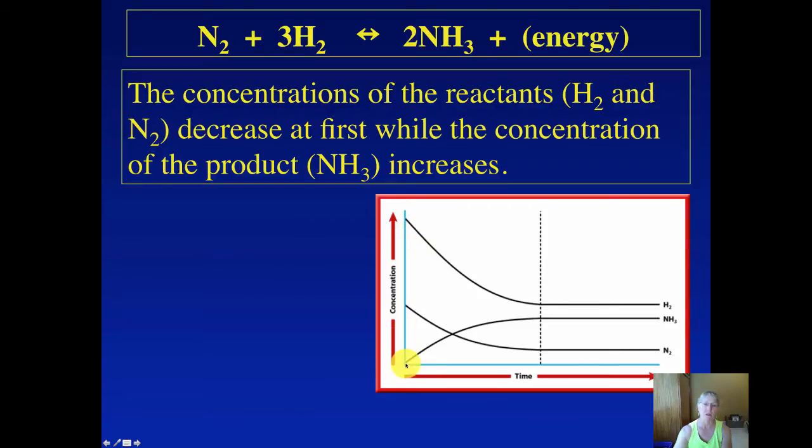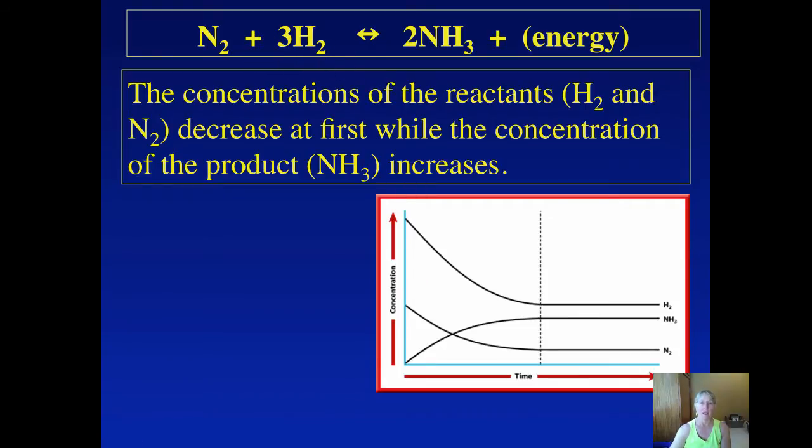As you notice at the start, there is 0 ammonia, and all you have is some amount of H2 and some amount of N2. Notice they don't have to be the same amount. We usually measure those in concentrations, but it can also, if they're gases, be measured in partial pressure. Regardless, you have all reactant at the beginning and no product.